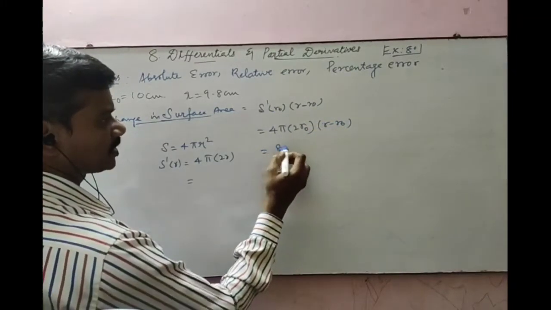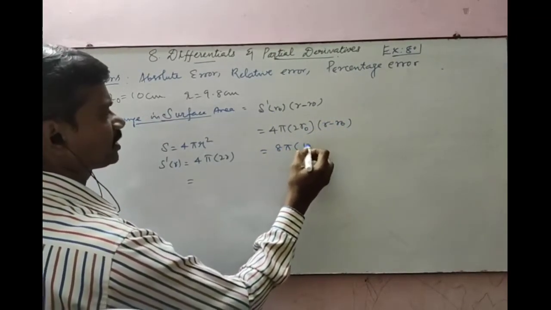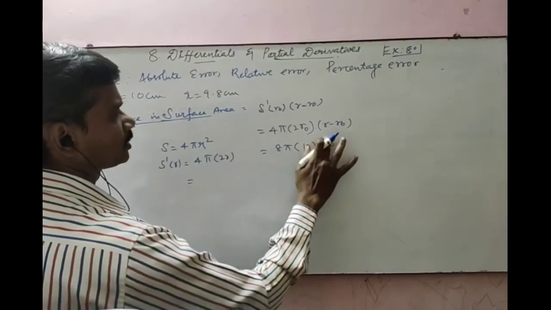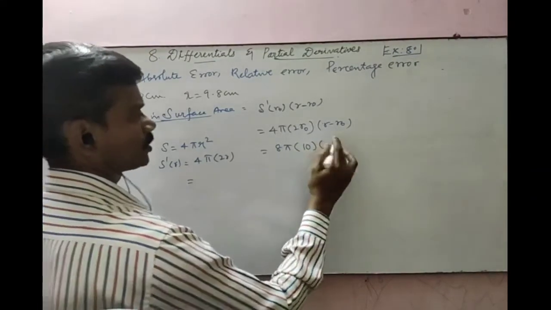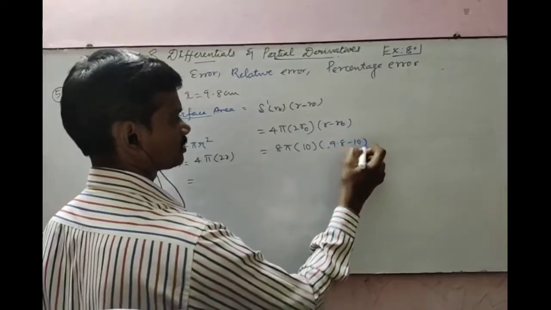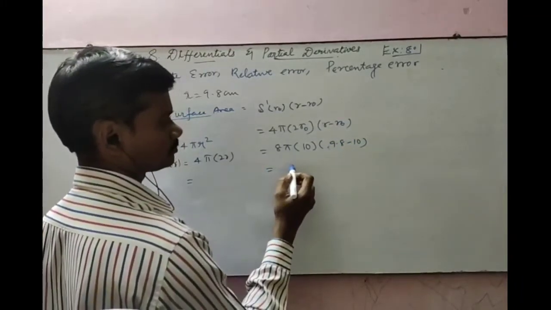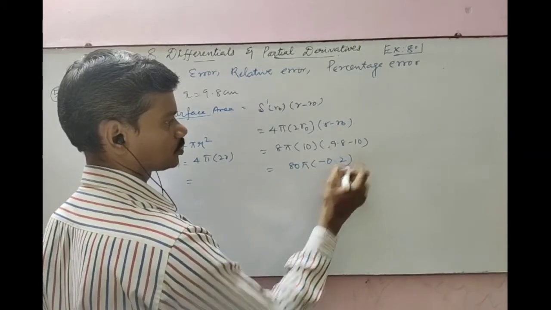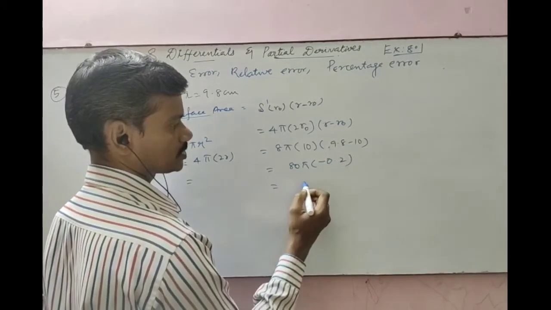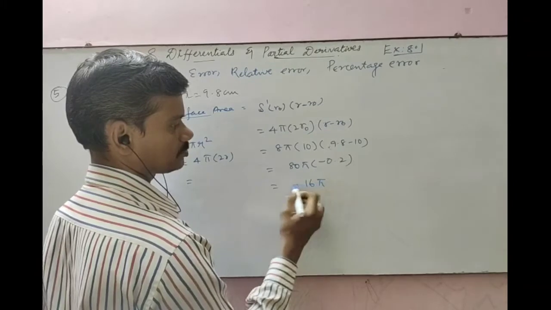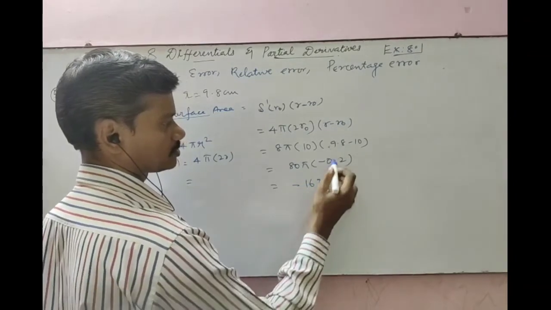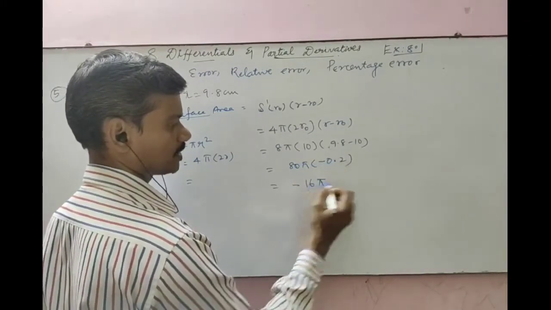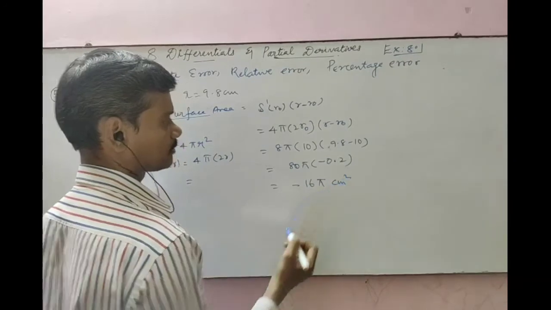So 4 2s are 8, 8 pi. What is R0 here? 10, into 9.8 minus 10, which gives 80 pi into minus 0.2. 8 2s are 16, so you will get 16 pi, minus 16 pi. So minus 16 pi centimeter square.